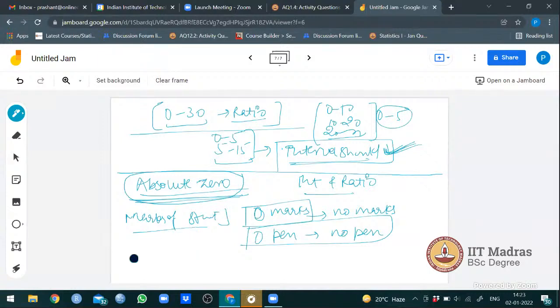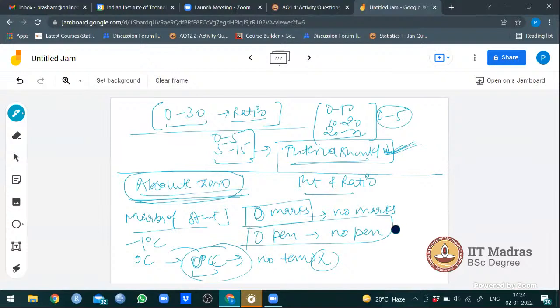Suppose I'm saying temperature in degrees Celsius. And I'm saying 0 degrees Celsius. That doesn't mean there is no temperature. You can't say like this. If there is 0 degrees Celsius, that means there is some temperature. So the absolute zero has no meaning there. Meaning of 0 means absence of that thing.